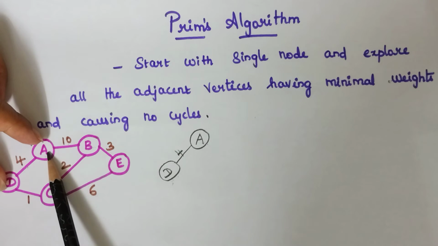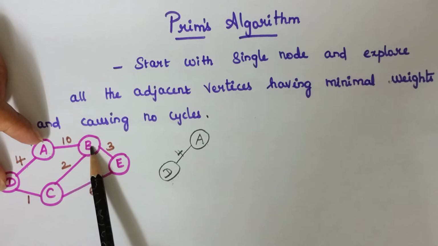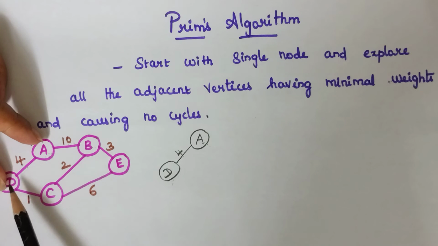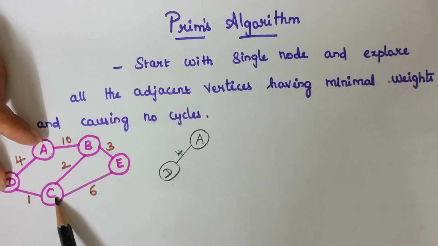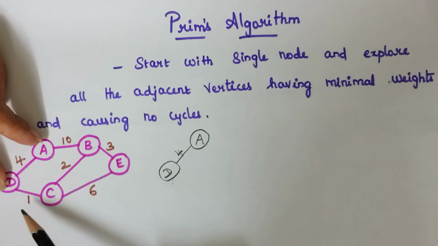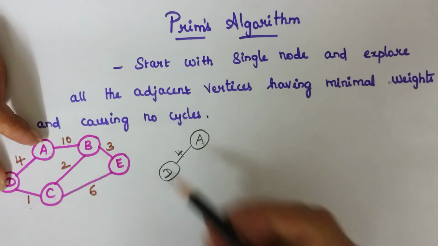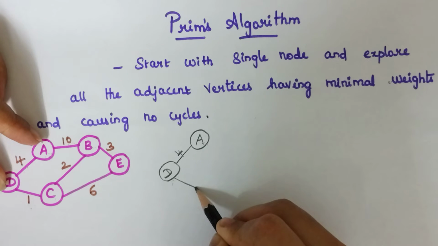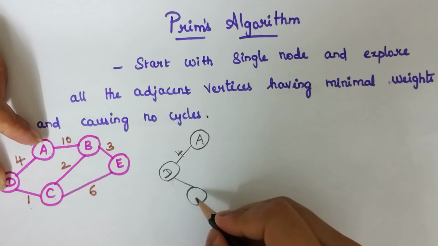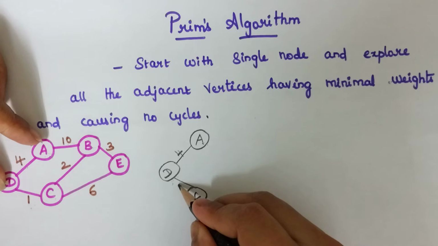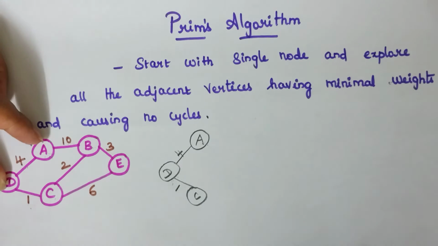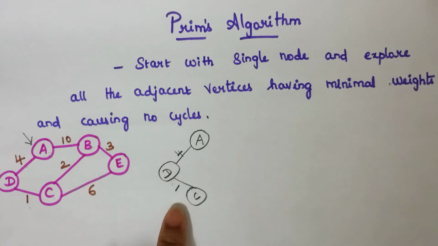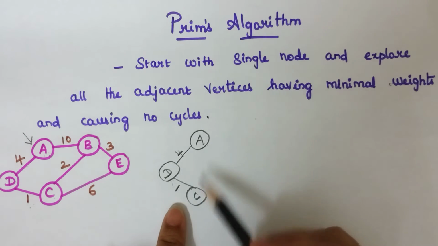A has one adjacent, B, which is not visited, and D has an adjacent, C, which is not visited. Among these two, which has the minimum weight? In this case, I am going to choose D connected with C, having an edge with weight 1, which is the minimum weight. And there is no cycle as well.